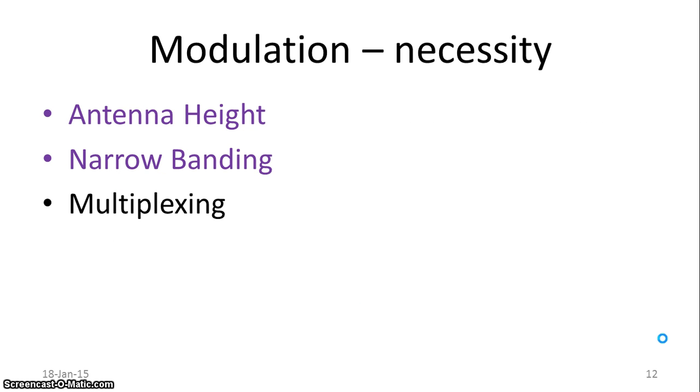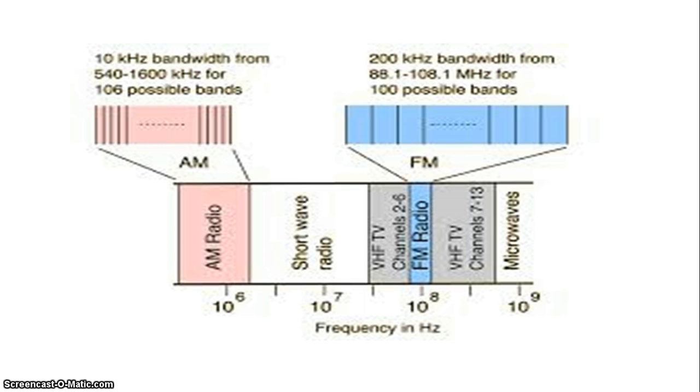The third reason why we need modulation is multiplexing. Let us assume two stations are doing music broadcasting without modulation. Both the stations will be transmitting in the same frequency band, and the users are not able to tune to these two radio stations, whereas we can assign different frequencies for transmission to these stations so that they can occupy different frequency bands, either from AM or FM or television.